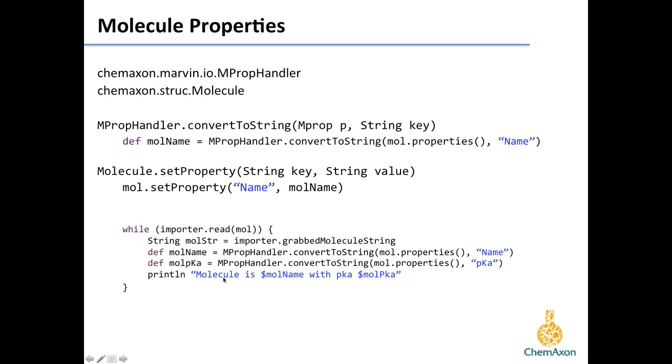Now I'm just going to echo it out. Molecule is whatever name with a pKa of whatever. At that point, you can then do things with these particular values, inserting or editing the data, and we'll be looking at this exact little snippet in an actual piece of code in a minute.